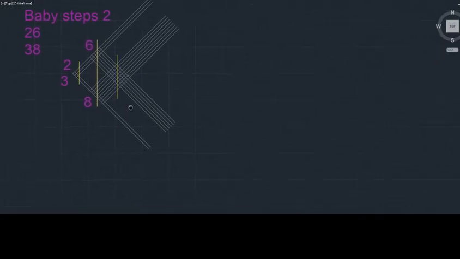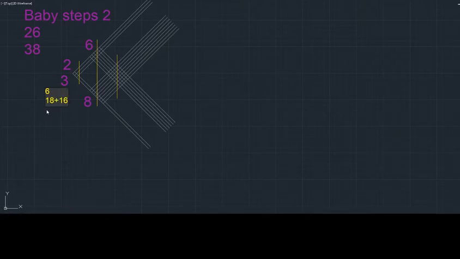So starting on the left, 2 times 3, obviously 6. And then we have 3 times 6, which is 18, plus the 2 times 8, which is 16. And in that last column, we have 48, which we know from the previous example.